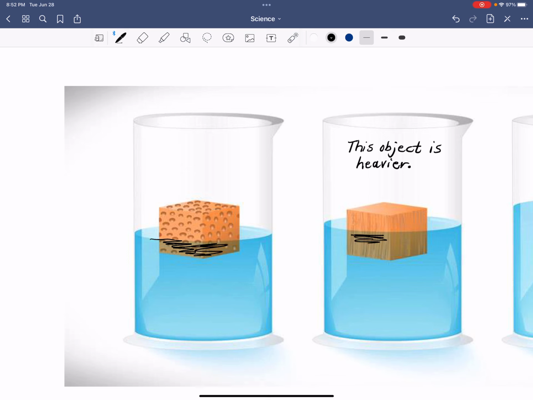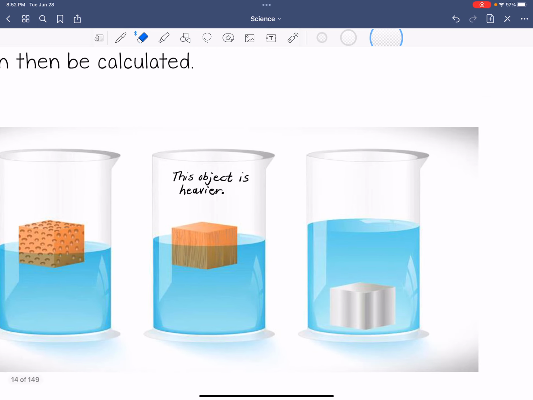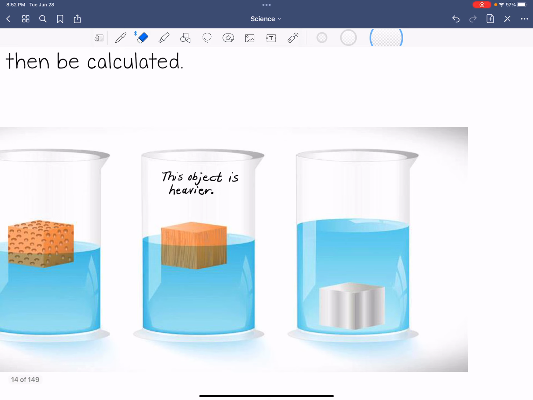This one is a much deeper displacement. Okay, so there's more water displaced. I can conclude that it's a denser object. And then over here, look at what happens. This is another block, but it looks like it's made of steel. This object is heaviest.